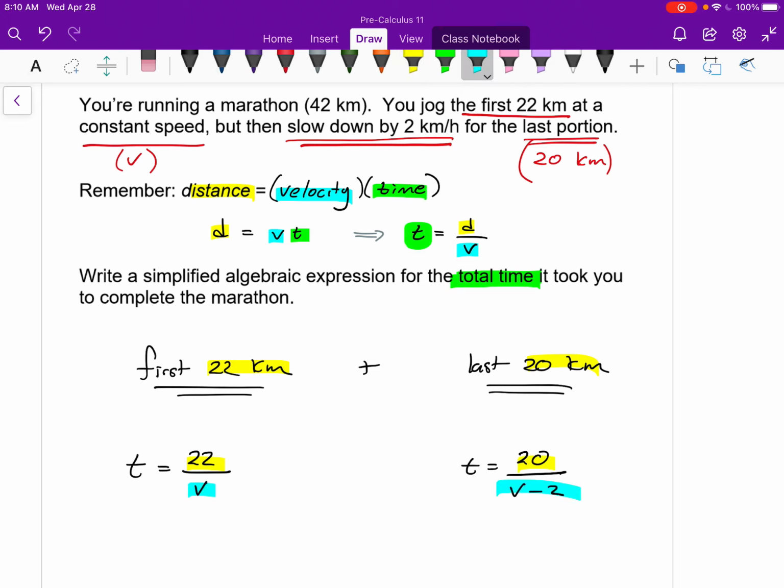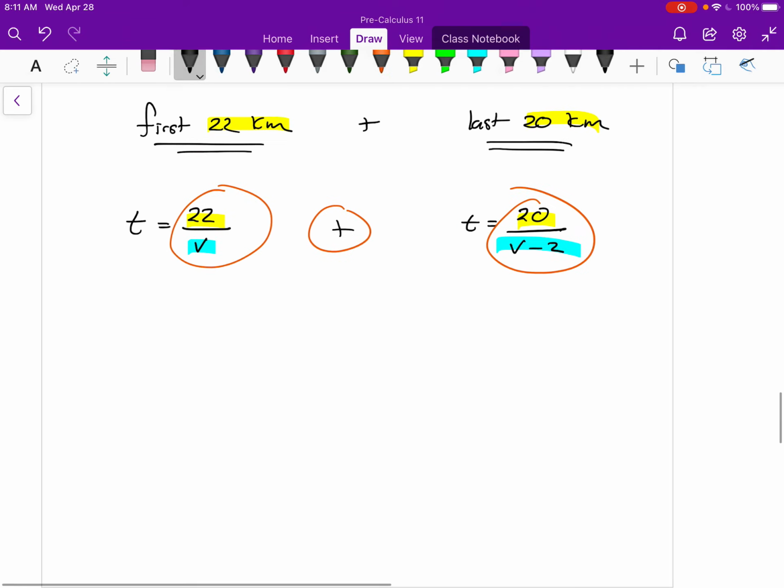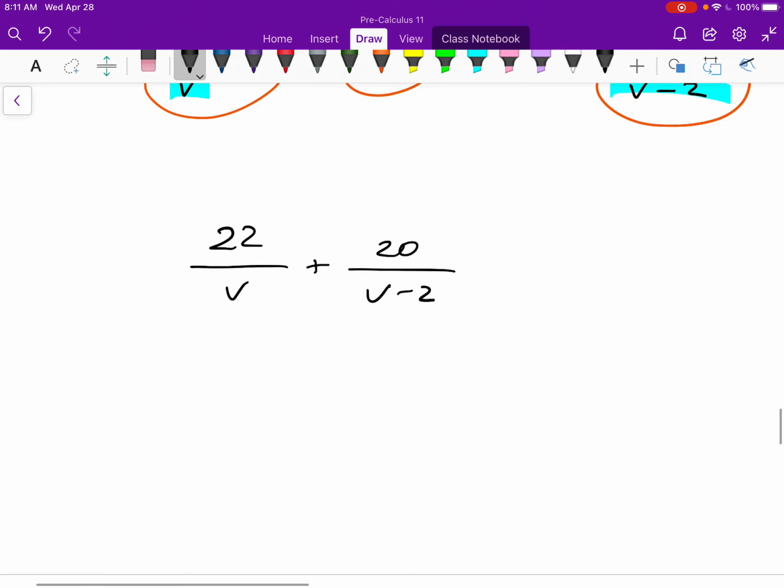And so that's the time for each of these parts. And so if I want to find the total time, I want to add this expression plus this expression. That'll tell me the total time for the race. And if I just know how quick my initial pace was, I can find the total time it took. So let's see, it's going to be 22 over v plus 20 over v minus 2. That's the total time. That's it.